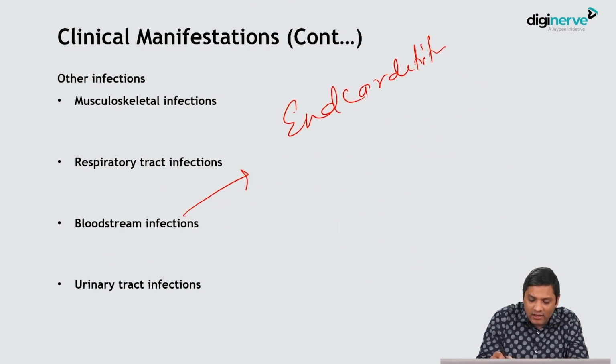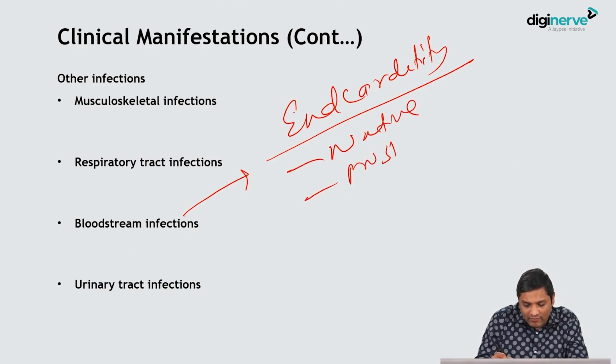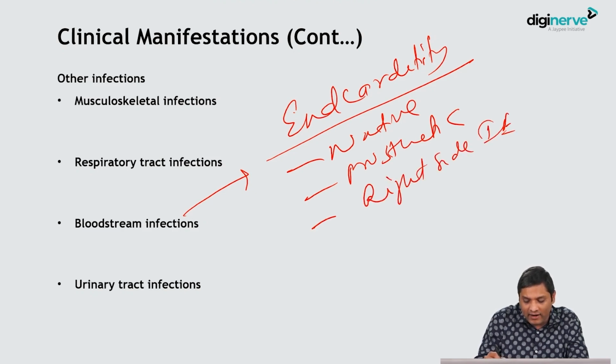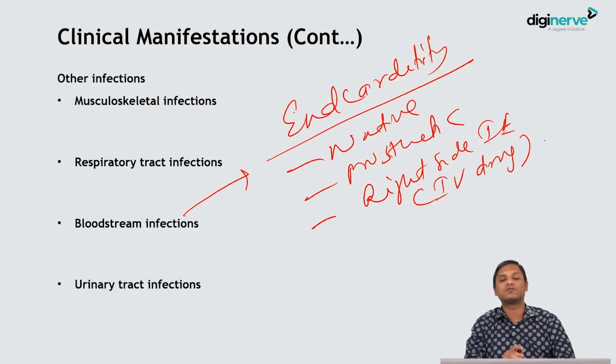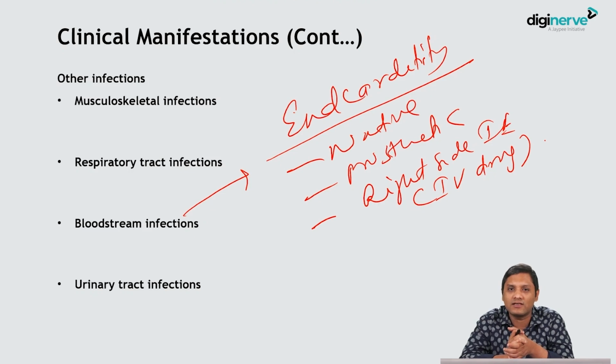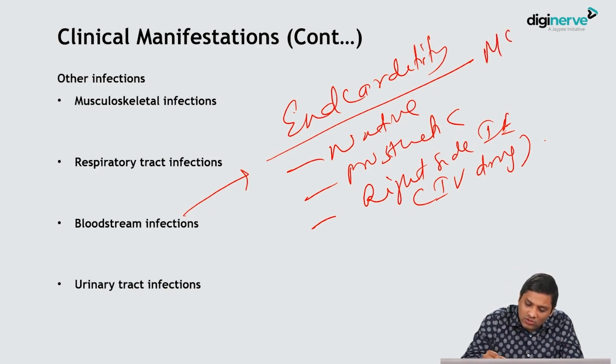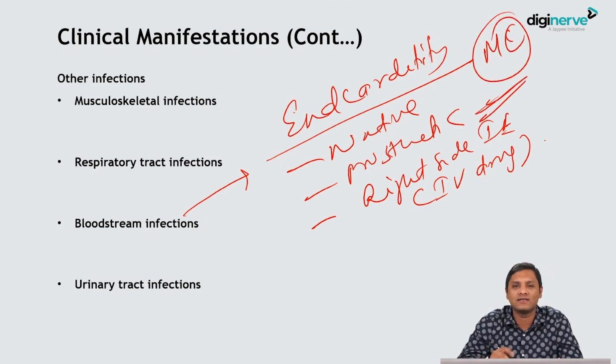It can cause native valve endocarditis, prosthetic valve endocarditis, and right-sided infective endocarditis in IV drug abusers. Overall, the most common cause of endocarditis is nothing other than Staphylococcus aureus. So it is a very important pathogen of the bloodstream.